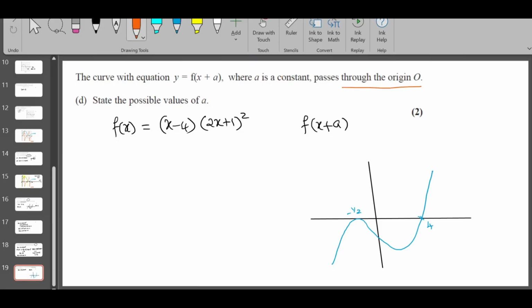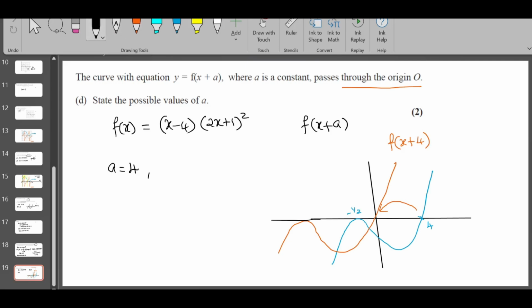If we move the graph to the left side 4 units, you will get a graph like this. So it will pass through the origin, right? So that's one option. When you move to the left side 4 units, the function is f of x plus 4. So a is equal to 4.